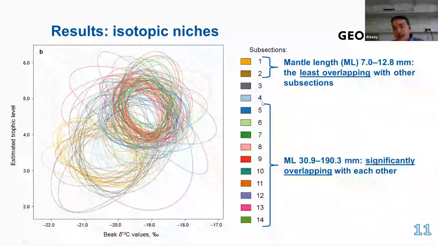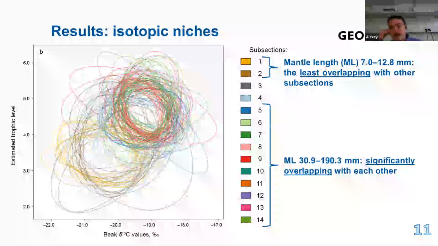So how did we get these sizes from these subsections? If we measure a certain number of beaks which came from individuals, not from stomach content but from the field, and we also measure the individual itself, then we can have an equation.